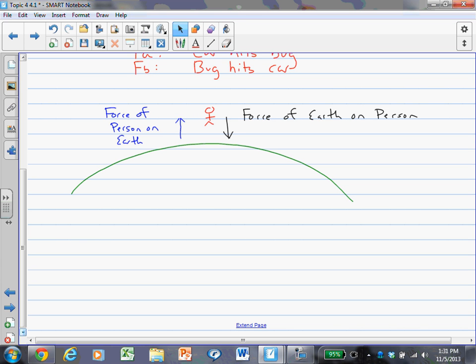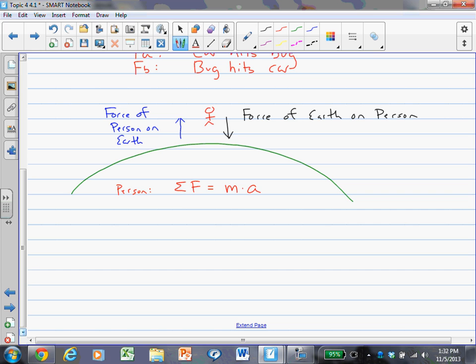So let's calculate what the force would be. For the person falling, if we ignore air resistance, the sum of the forces will just be the mass times the acceleration.